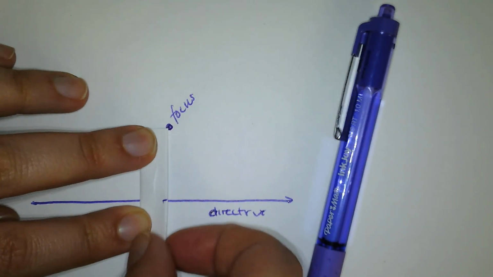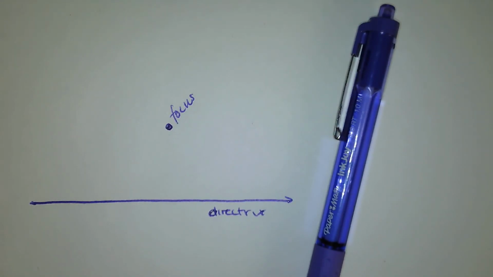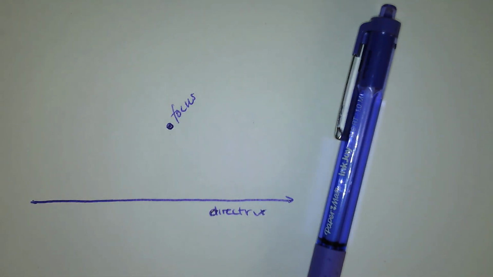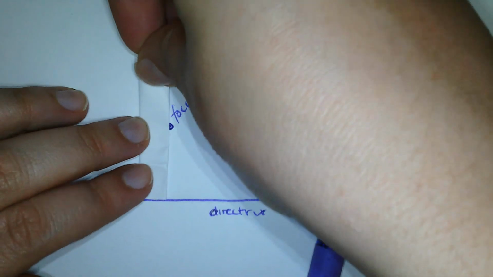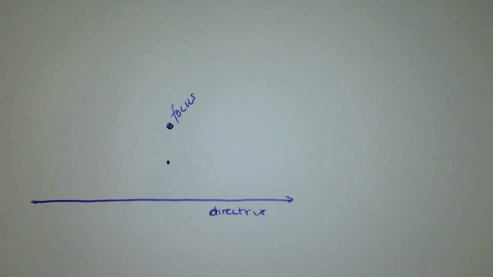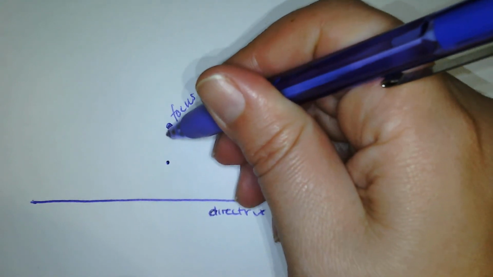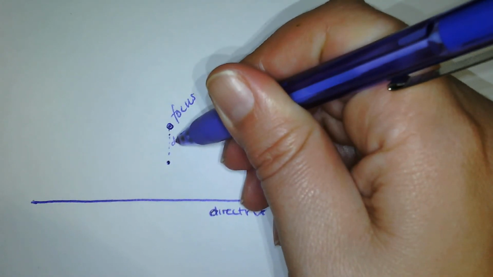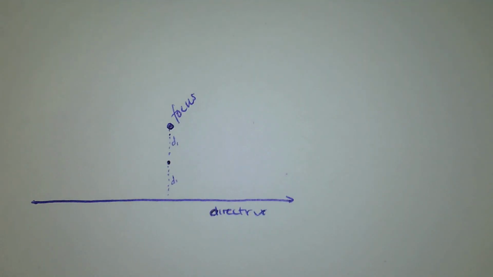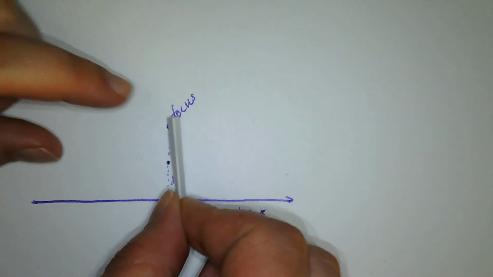So half of that, if I fold this, half of that, if I put this right back there, half of that would be right here. Okay, so that is equidistant because this is distance 1, and this is the same distance, distance 1. They're equal.